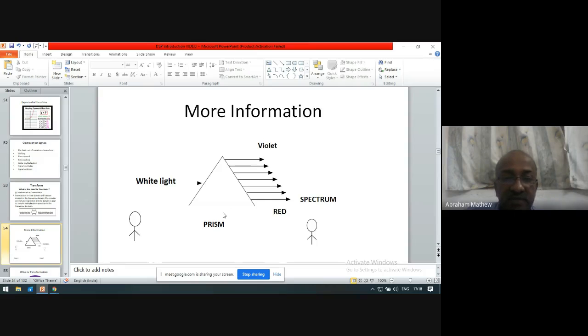In place of this prism, we can keep a transform. That means what a prism is doing for white light, the same thing a transform does in different domains.